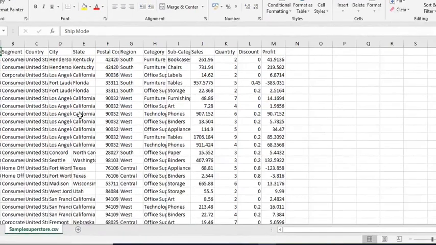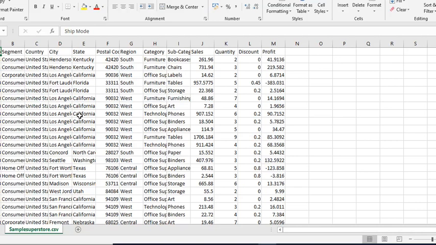There are different columns and rows, with columns like shipment mode, segment, country, city, state, postal code, region, category, subcategory, sales, quantity, discount, profit. Likewise, 13 columns are there, and more than 9,000 rows.